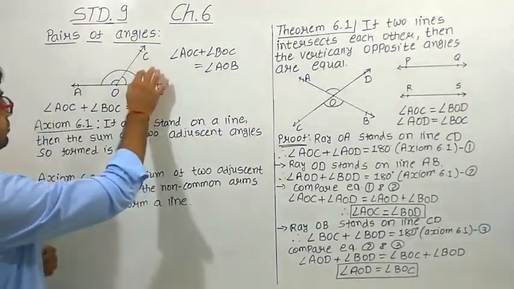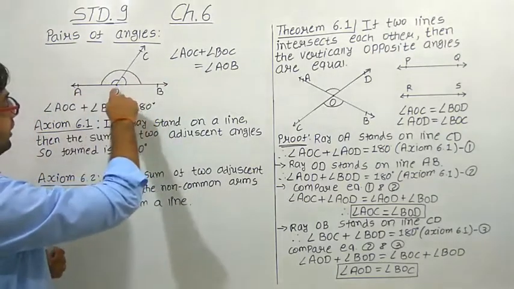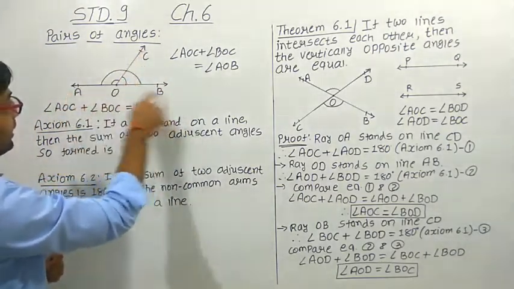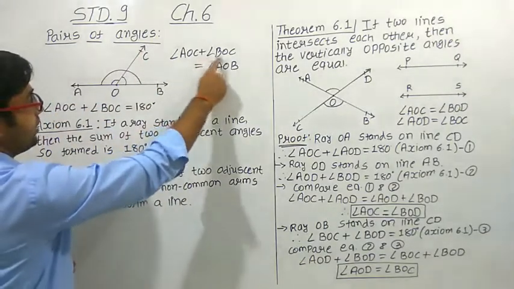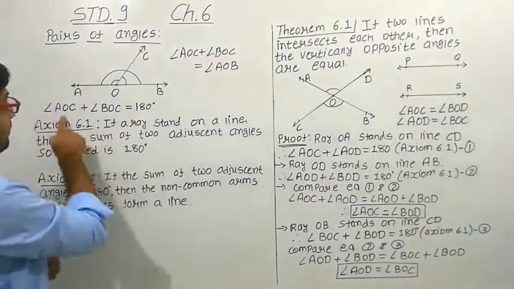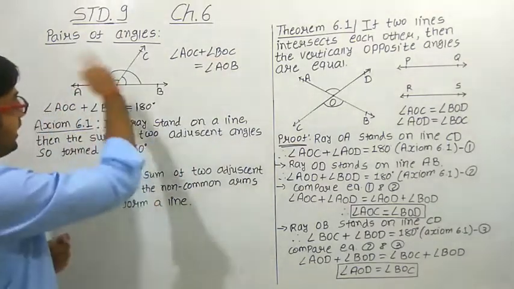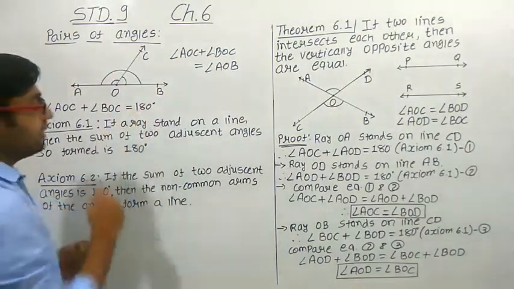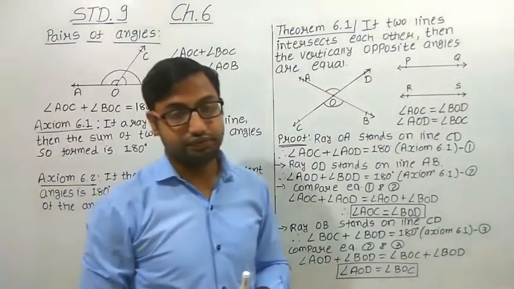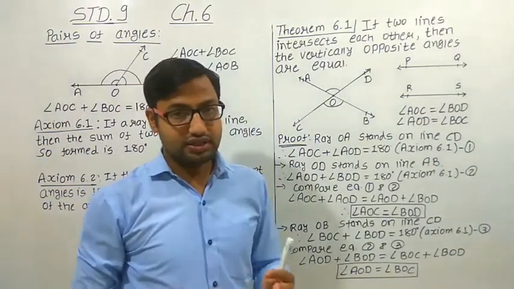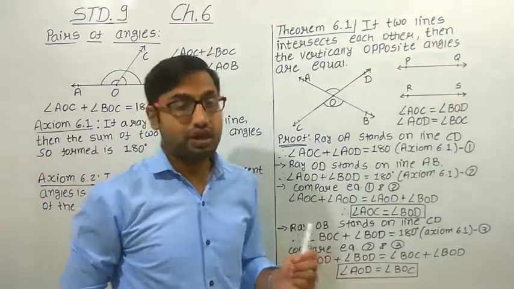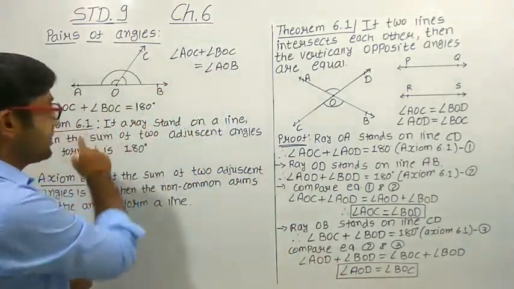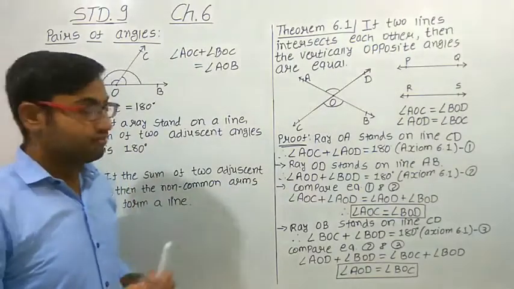So here we have studied that if a ray OC stands on a line AB, two adjacent angles are formed, angle AOC and angle BOC, and the addition of both the angles will be 180 degrees, right? So this is a kind of universal truth. We do not have to prove it, and that is why it is stated as an axiom, right?